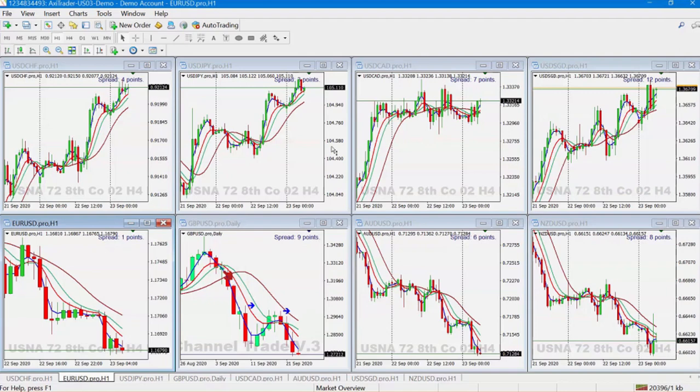All right, so here is my market overview, and what you see, I've got eight currency pairs, and the reason I've got them set up this way is you notice that the base currency is USD here.